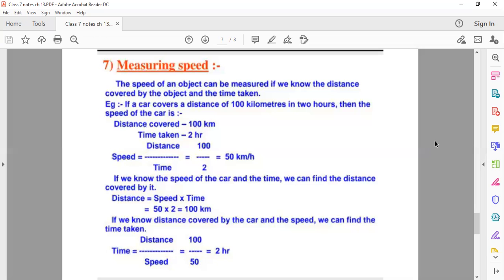You can convert kilometer per hour into meter per second. In the class I told you how to do it: multiply by 1000 and divide by 3600, because 1 hour is equal to 60 minutes and 1 minute is equal to 60 seconds. That's why I say multiply by 1000 and divide by 3600.